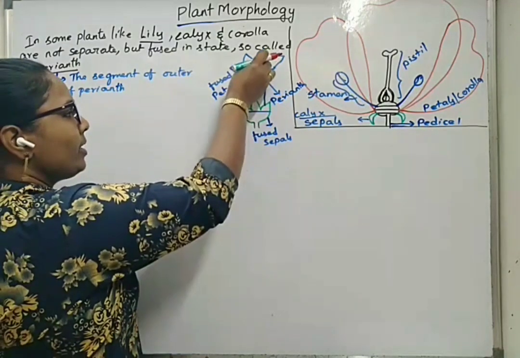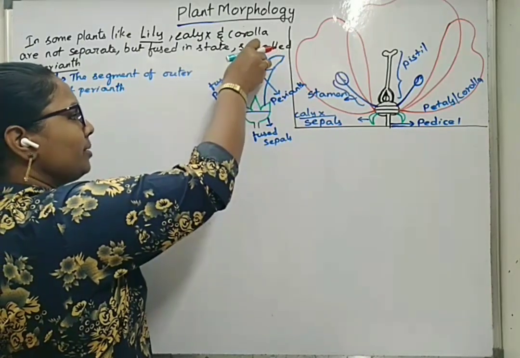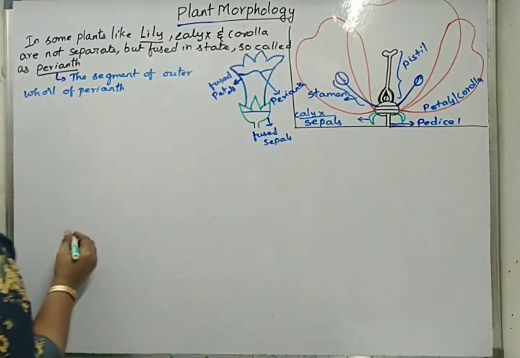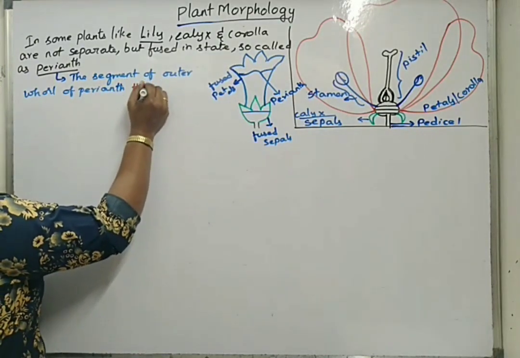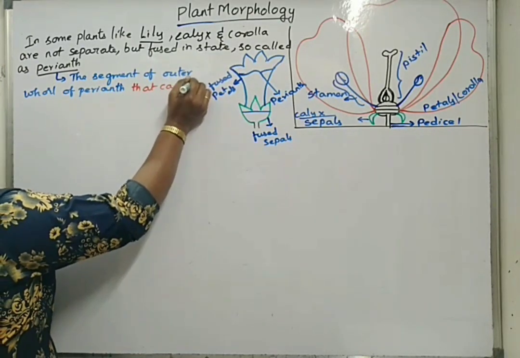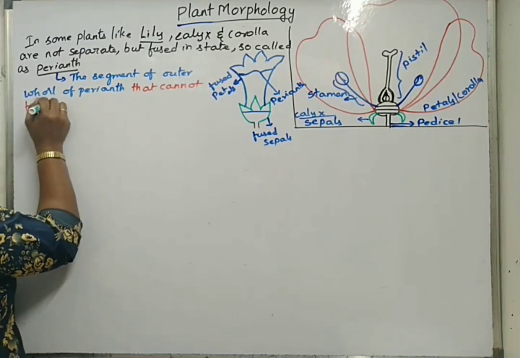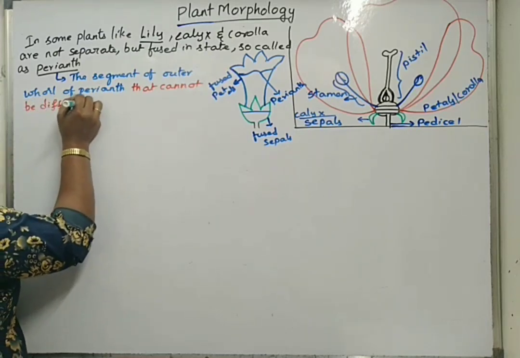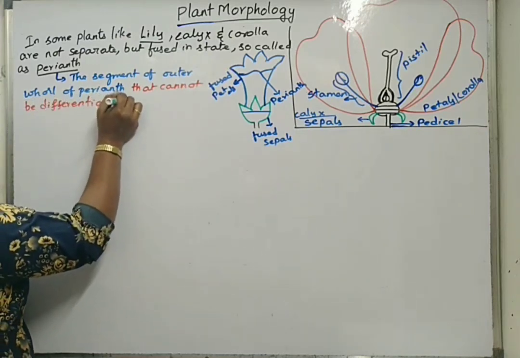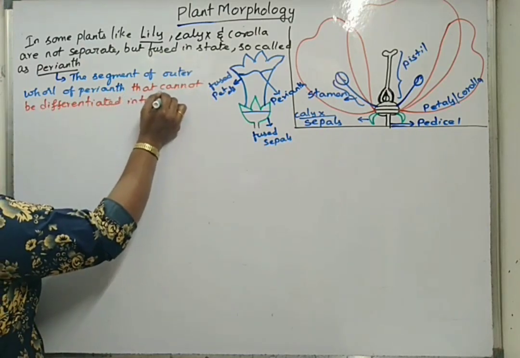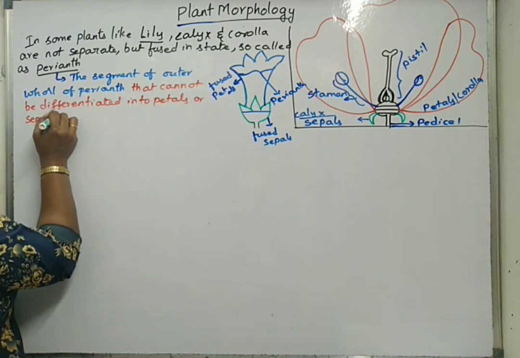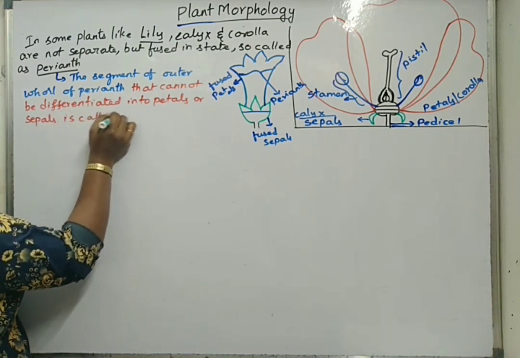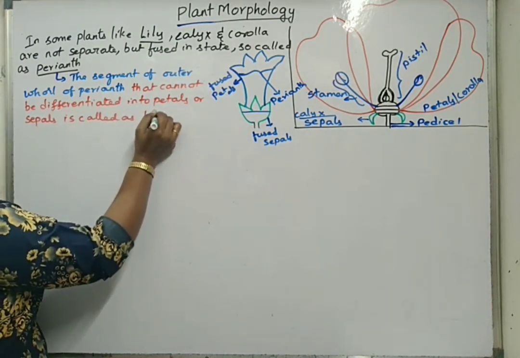This is the outermost part in the case of sepals. In the case of petals, it is the outermost part. So both are combinedly called tepals. That which cannot be differentiated into petals or sepals is called tepals.